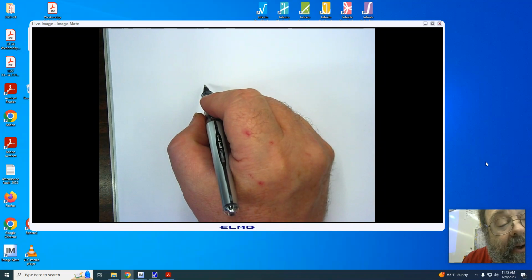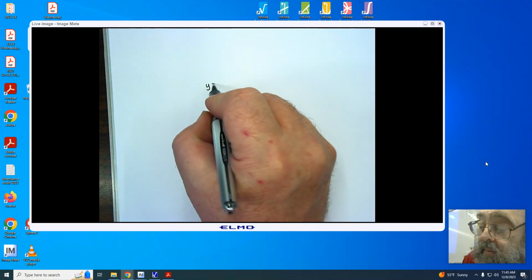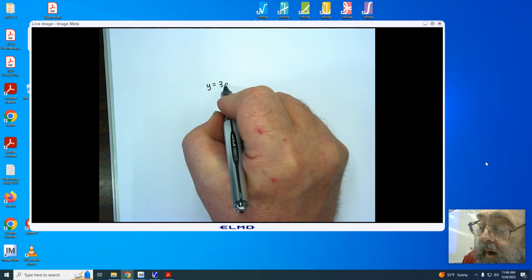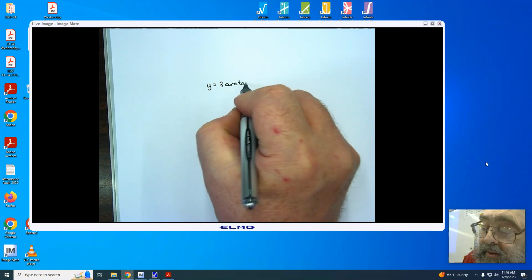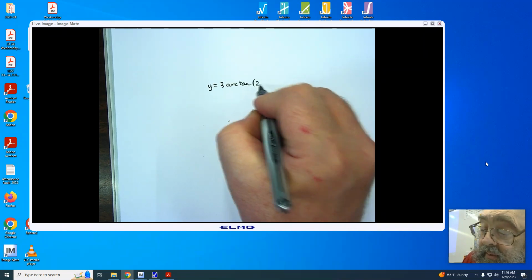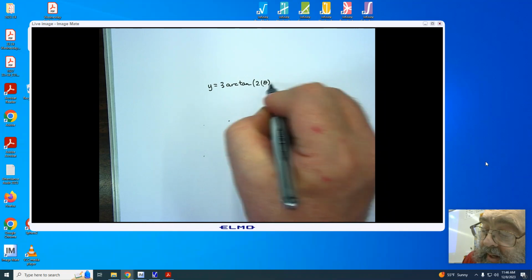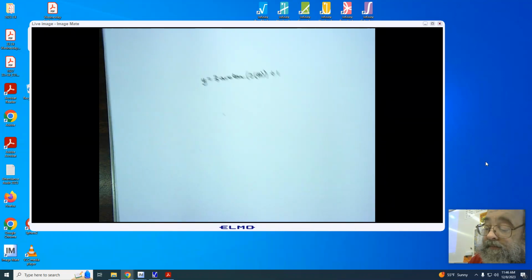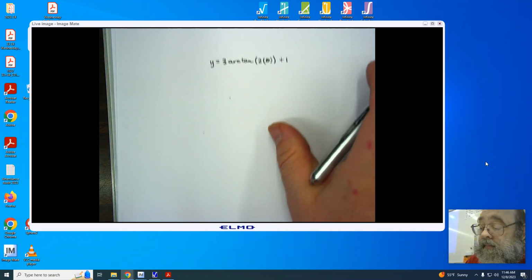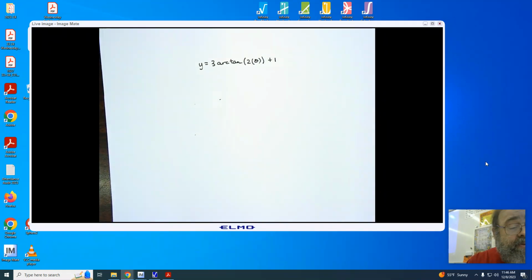Let's go ahead and take a look at y equals 3 arctangent of 2 theta plus 1. We're going to put each of our pieces together in this, one at a time.